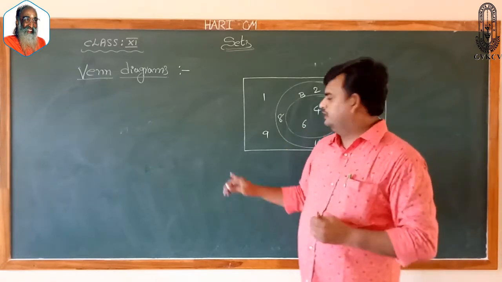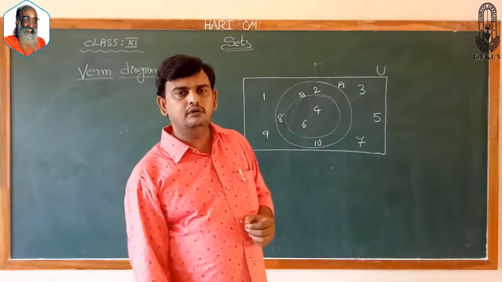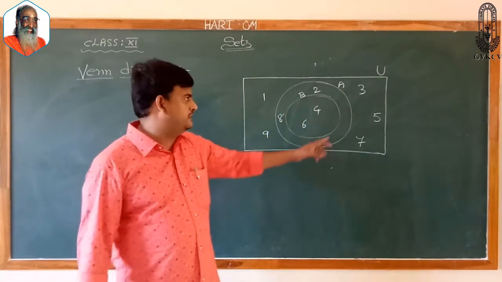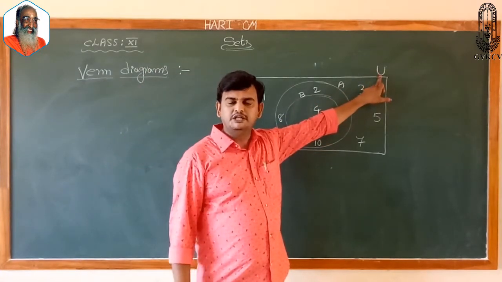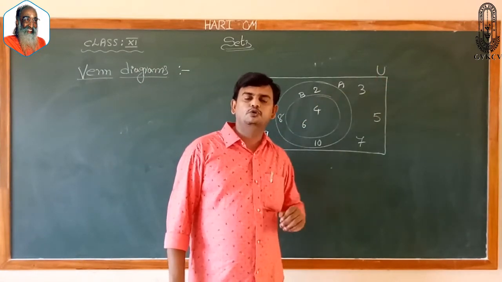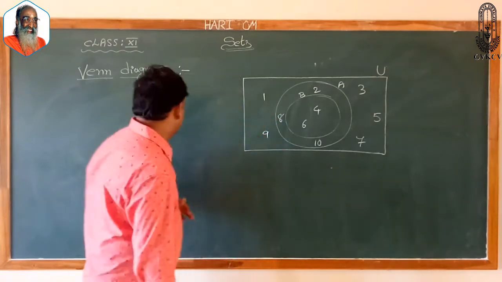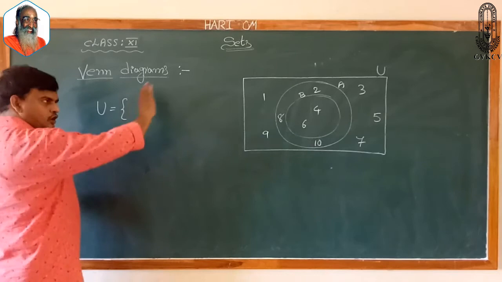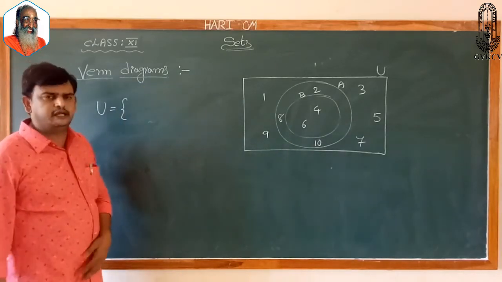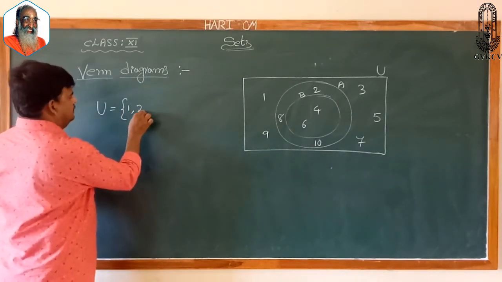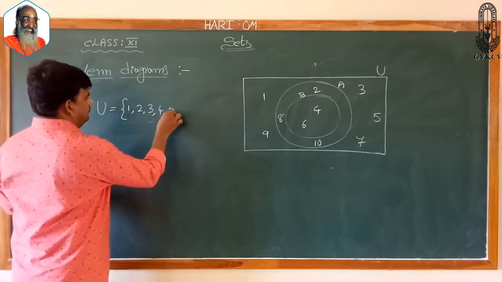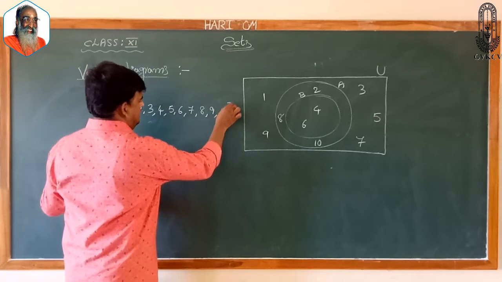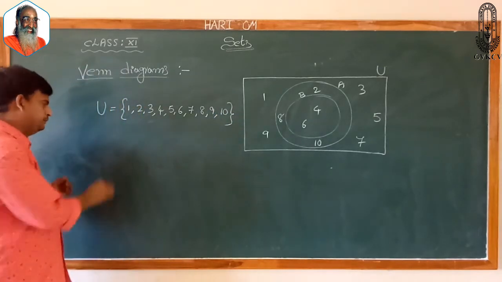Now what are the sets we have? As I told you, the rectangular shape always represents the universal set. That's why it was marked as U. U indicates the universal set. Now what are the elements we have in the universal set? All the elements which are there in the rectangular box: 1, 2, 3, 4, 5, 6, 7, 8, 9 and 10.